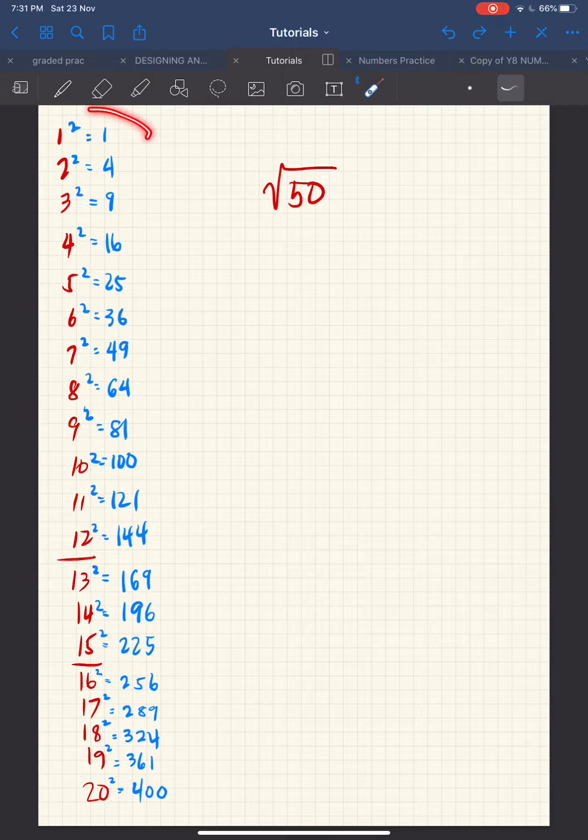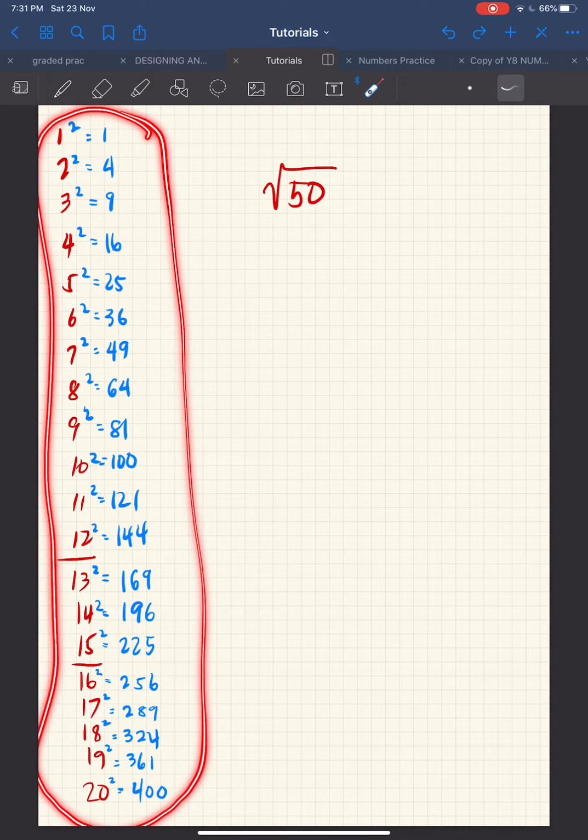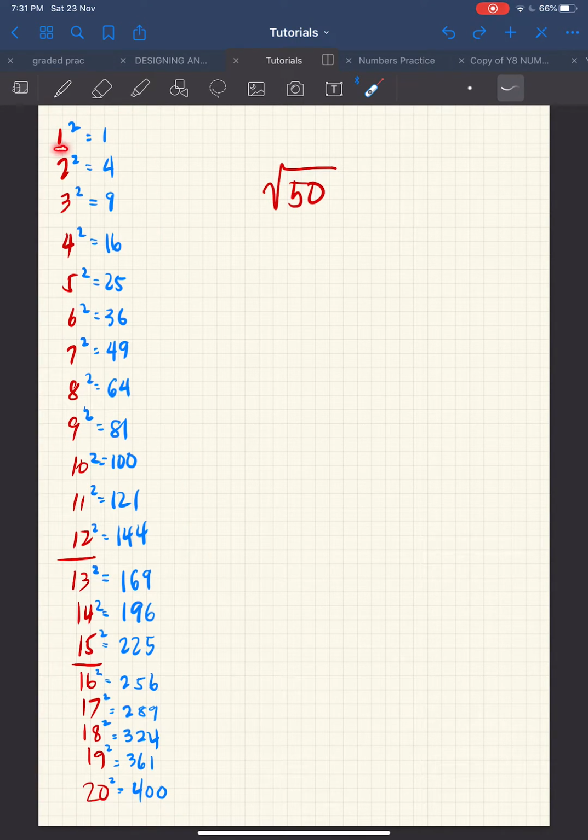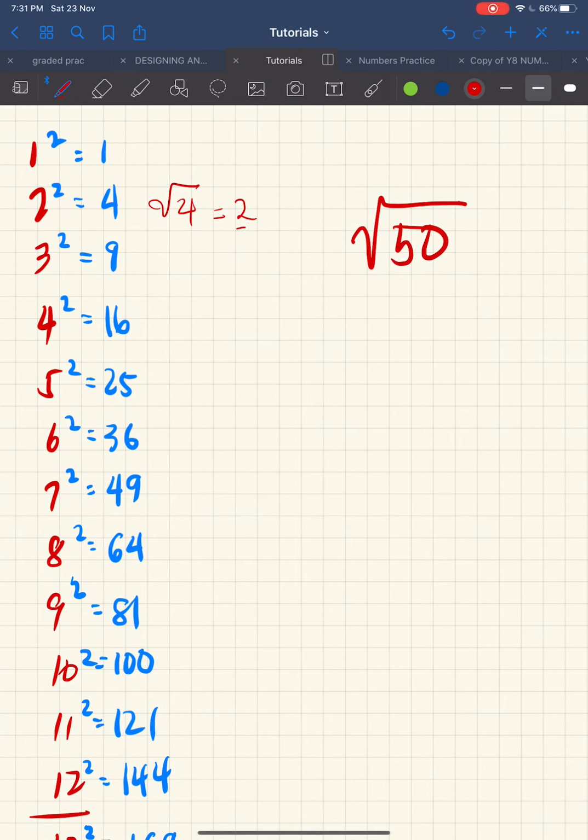These are all what we call perfect squares because they were made by squaring whole numbers. That means if we are looking for the square root of 4, it will also give you a whole number, not a decimal.